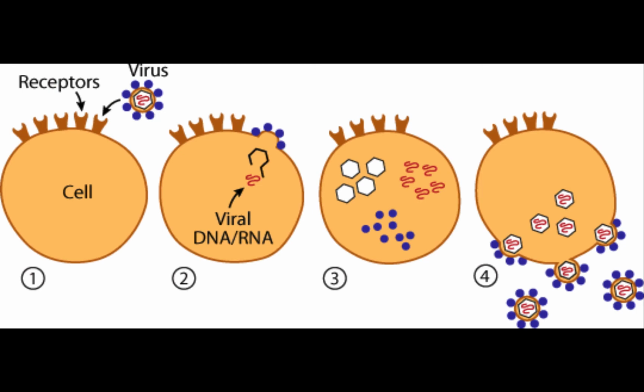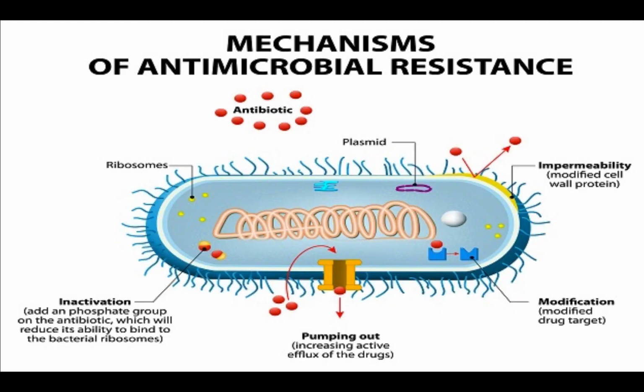You may also have heard of antibiotic resistant bacteria. Well, the cell walls can develop different adaptations which make them less permeable to the antibiotics, which means that those antibiotics become less effective.